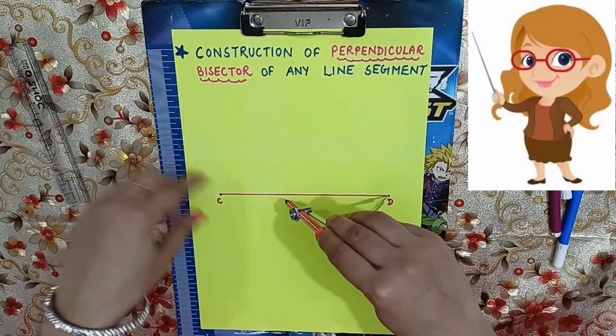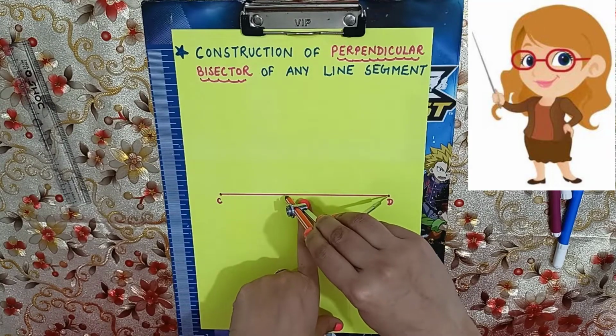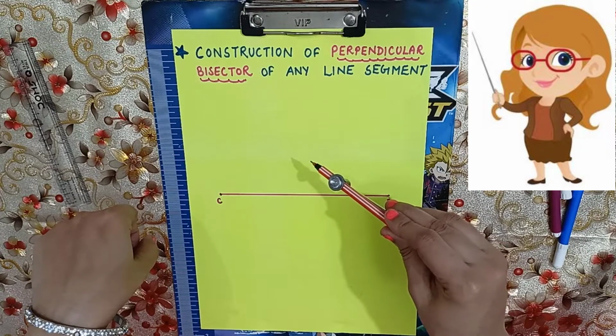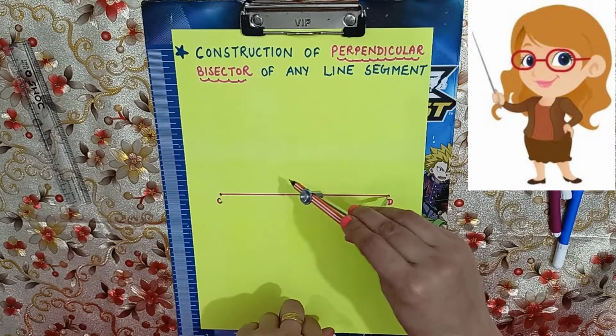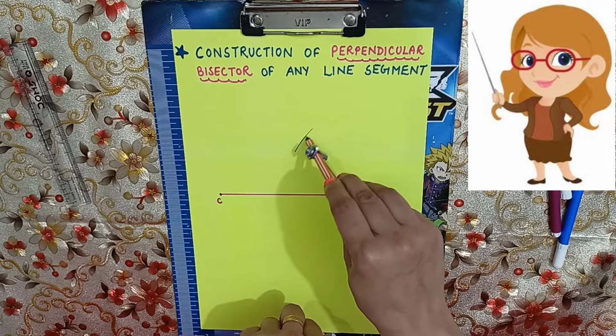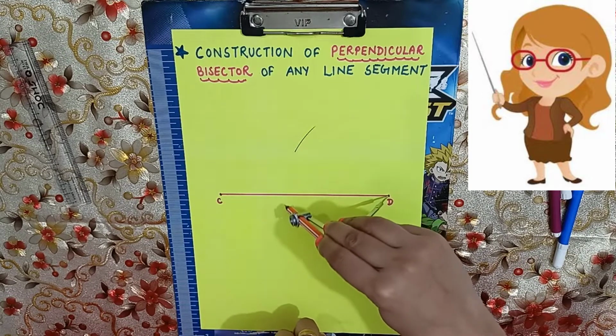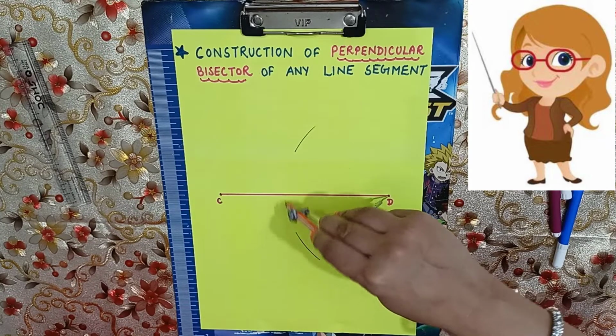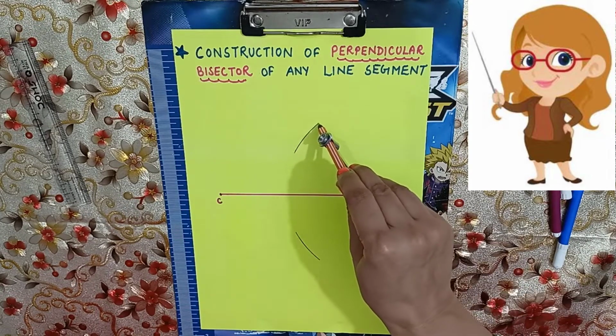Now you can easily see this length is more than half of this. So just take it, put it at one end point of the line segment and draw the arcs to the upper side as well as to the lower side. On both the sides we will draw the arcs.